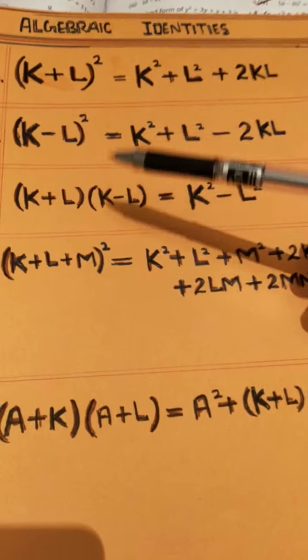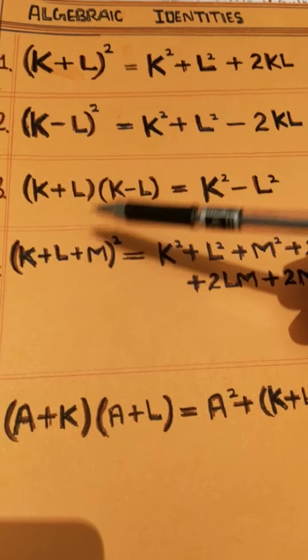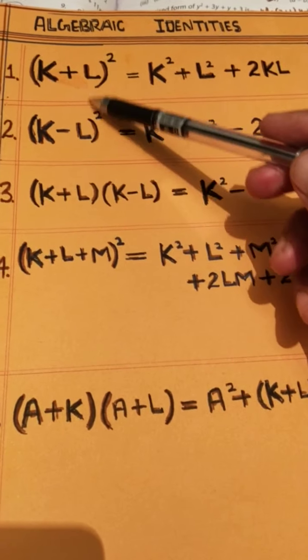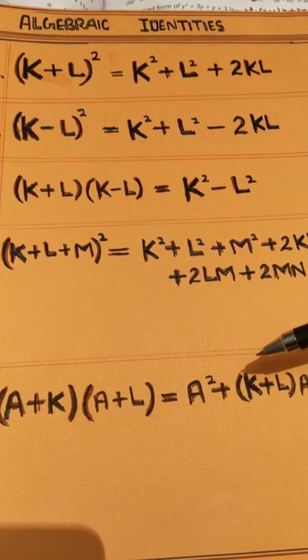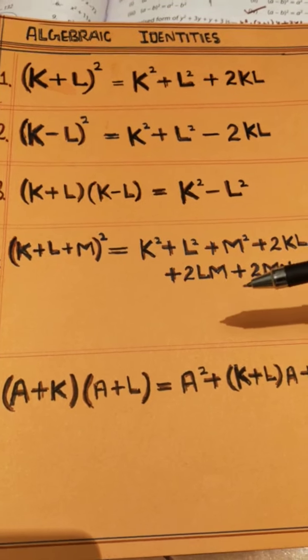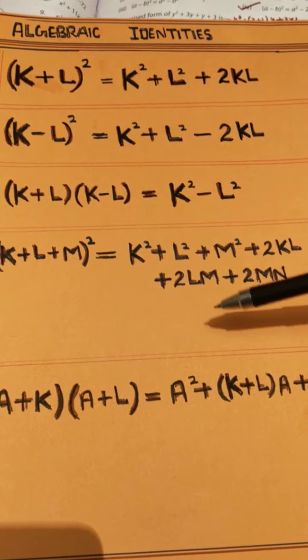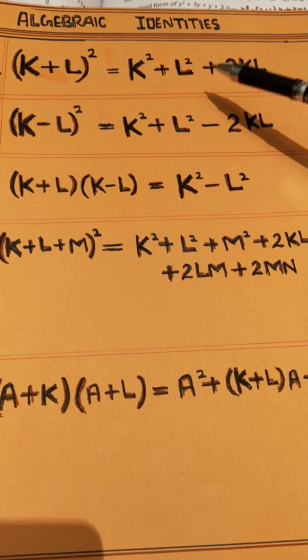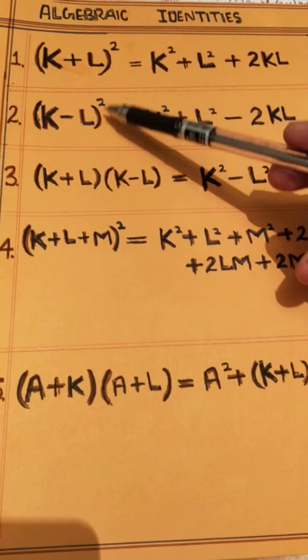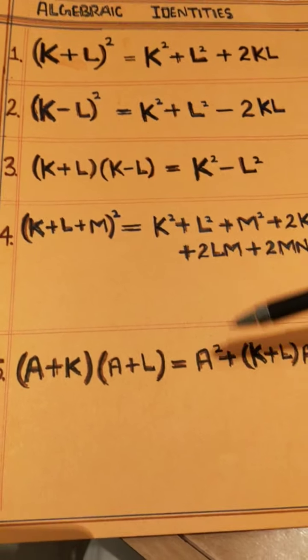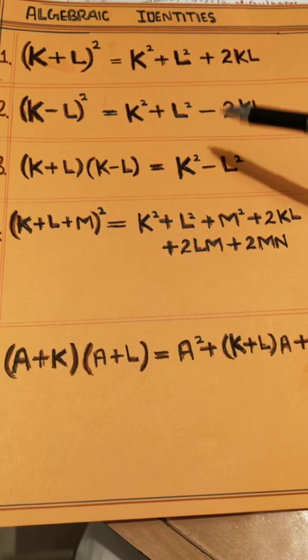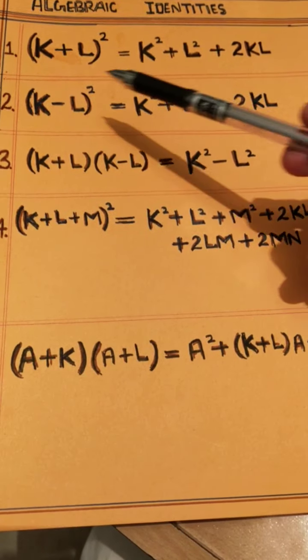Okay. Now in worksheets 1 to 5 we can use the left hand side part and find the right hand side. But in worksheets 6 and 7, factorization of algebraic expressions, we have to take the right hand side first and find the left hand side. In worksheets 1, 2 and 5, your trinomial expression is given and you find this one.